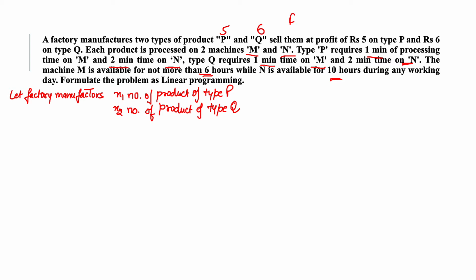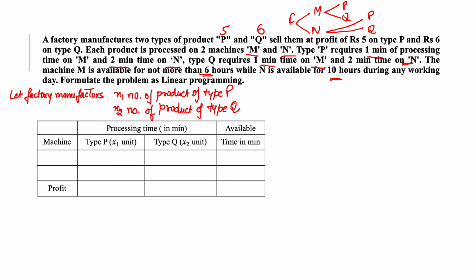We have one factory with two types of machines, M and N, and each machine processes two types of products, P and Q. For this we will formulate a table.